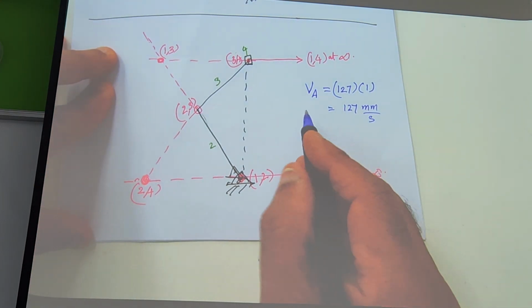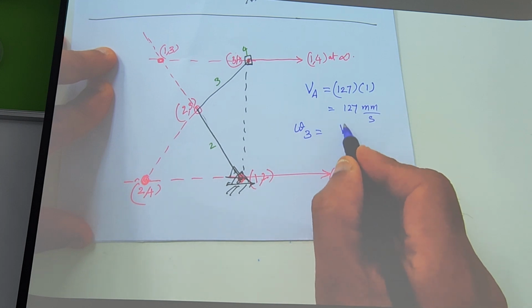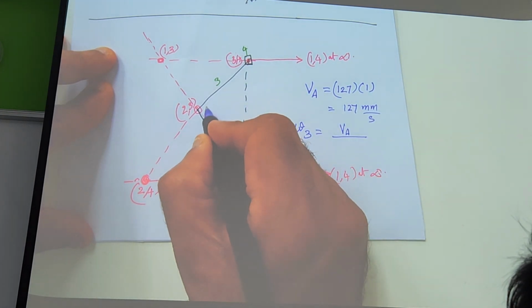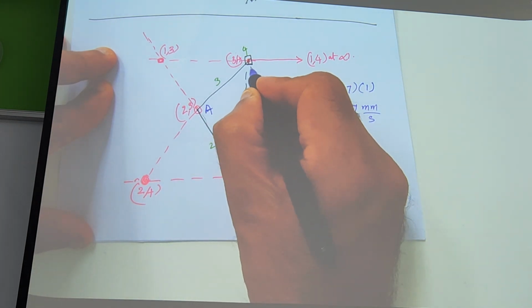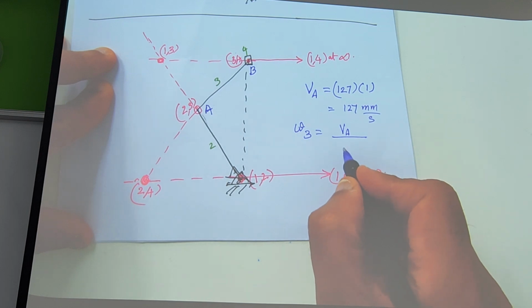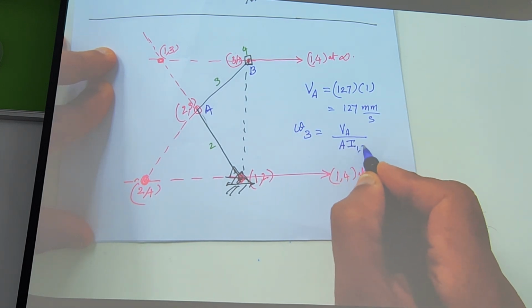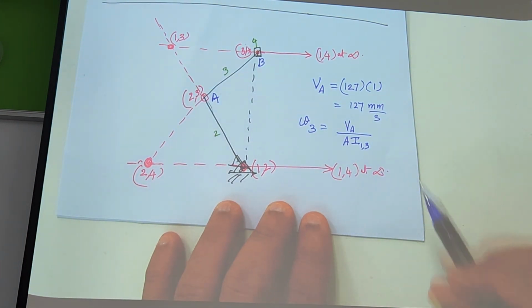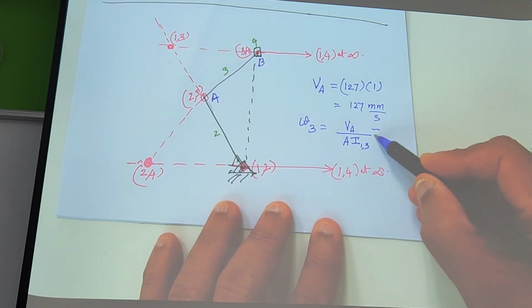So then you can calculate omega 3 from VA over A I13.